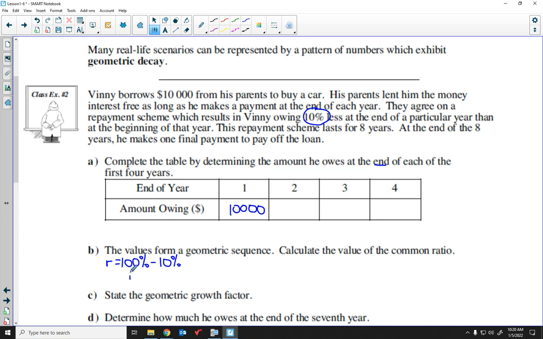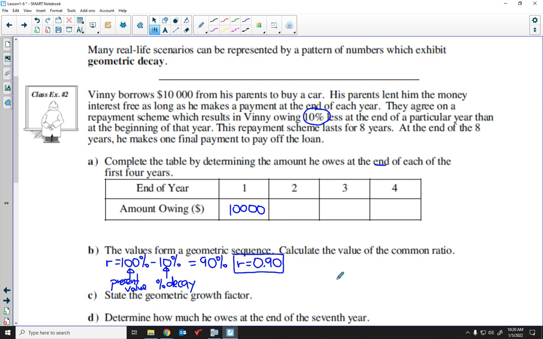Once again, the 100% is the present value, and we're subtracting this time around because we have a percent decay. If we calculate this, this would be 90%.